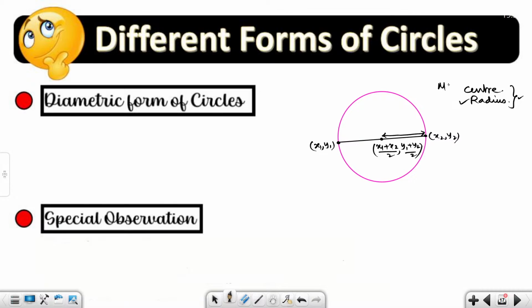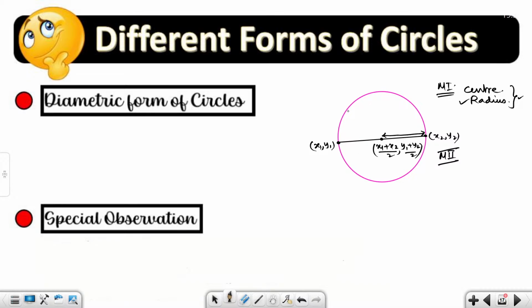This is method 1 to find the equation. So easily by the center-radius form of the circle, you can find its equation. But I will use method 2. Both these methods you should know.